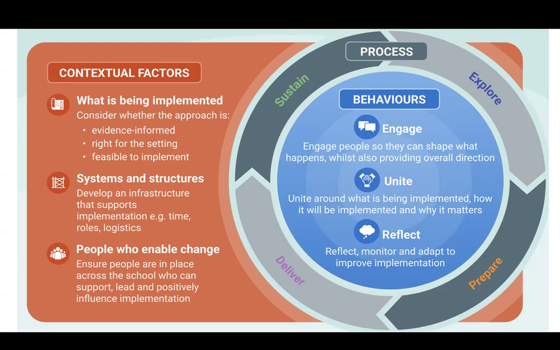So one is a process for utilizing evidence. Another is a set of contextual factors that need to be considered. And a third is a set of behaviors that underpin good implementation. So first to talk briefly about the process, rather than starting with a piece of evidence, we encourage schools to start with what are the problems that they want to overcome?